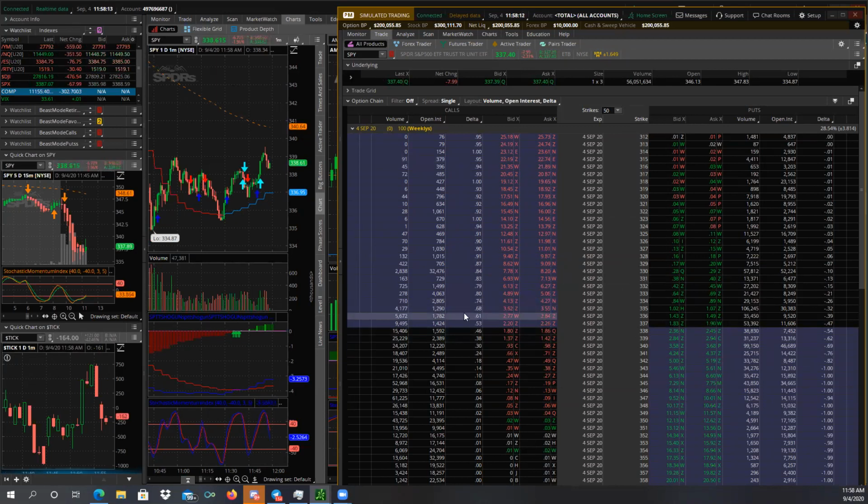So for example, if we buy the 340 calls at 93 cents and the delta is 30 cents, you can expect to roughly make 93 cents plus 30, which would be $1.23. So if you buy one contract and this moves $1 on the share side in your favor, what you're going to make is about 30 cents. So it's roughly about 33% for every dollar it moves in your favor.